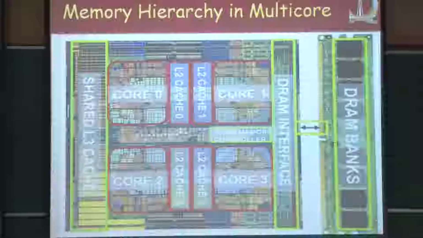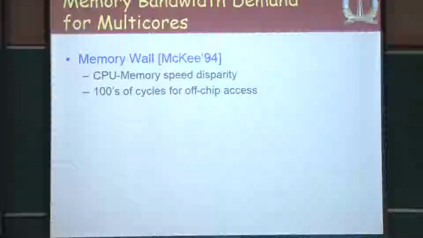Now, what are the issues when you go from single core to multi-core, and why memory performance is even more important in multi-core? One thing that we saw is the memory latency is an important thing, because there is a significant gap between processor clock cycles and memory latency in terms of processor clock cycles, correct. Whereas, when you go to multi-cores, it is not just the latency, it is also the bandwidth which is supplied by the memory.